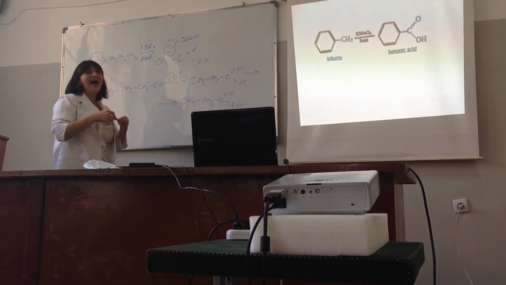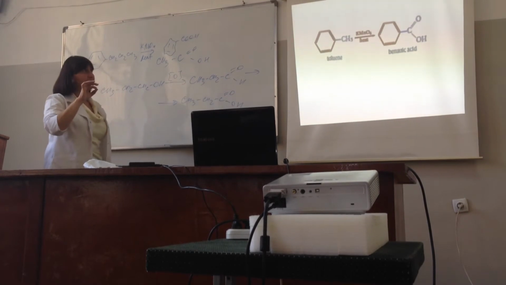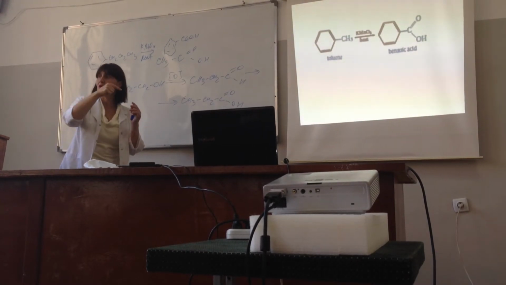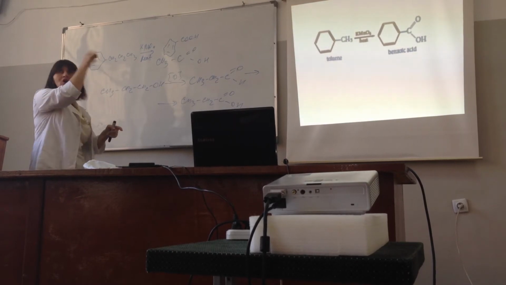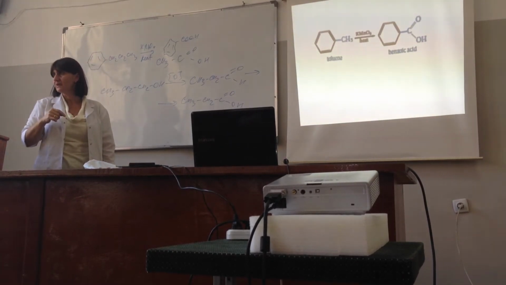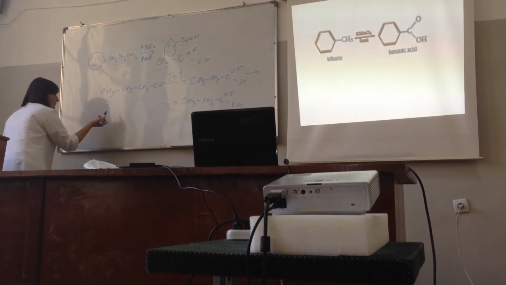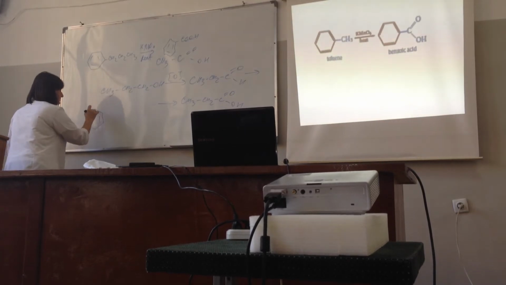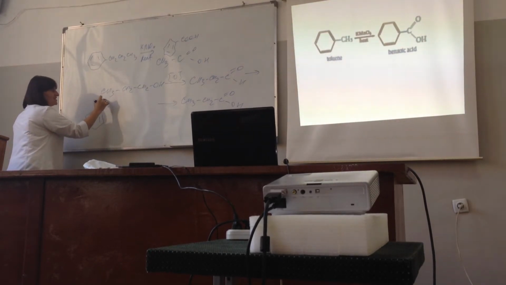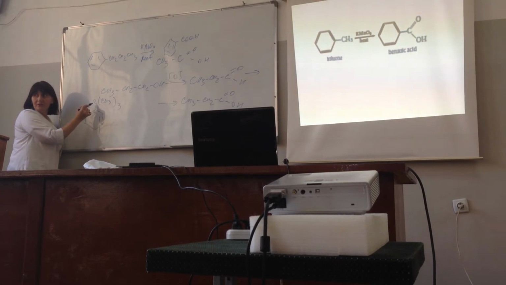But if you have something where the carbon directly connected with the benzene ring does not have an H atom, in this case your benzene ring is oxidized and it gives a COOH group, such as, for example, if you have something like this: C with CH3 three times. As you see, this carbon has no H atom.